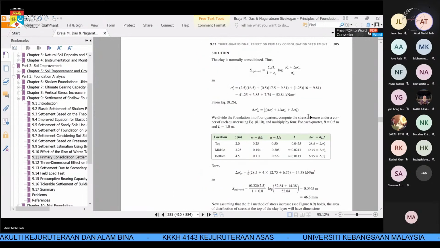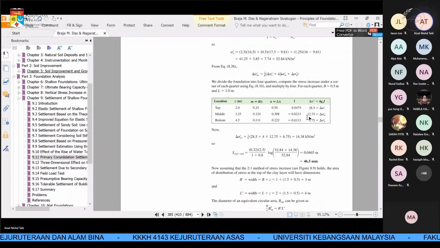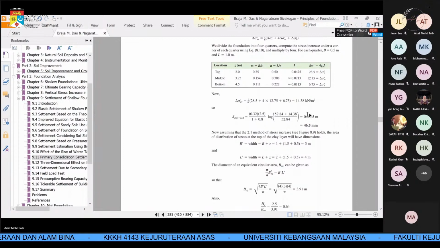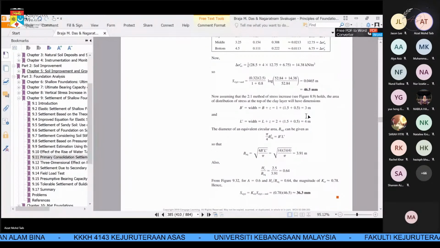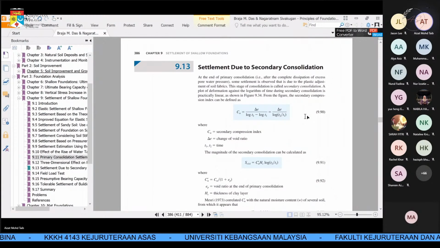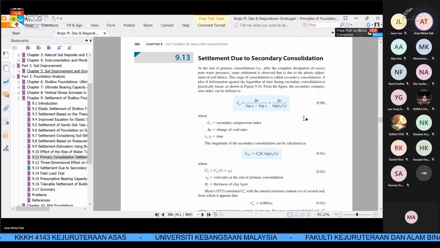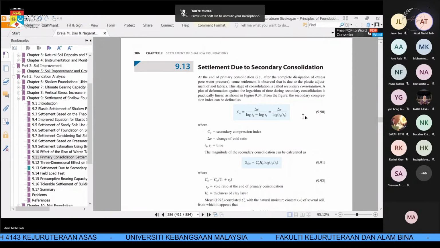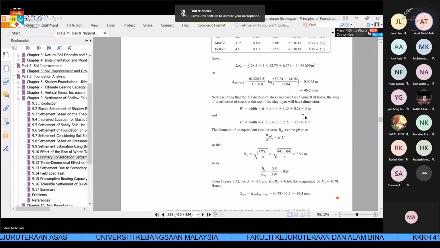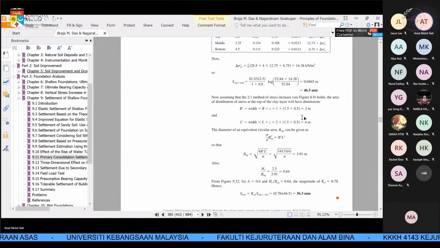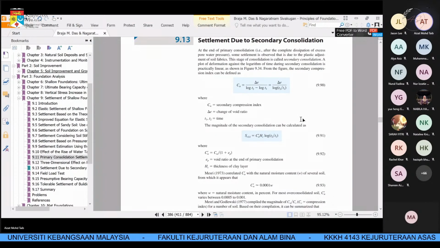Okay, tapi it can be only assignment lah. Dalam test ataupun quiz, shouldn't be ada 3D effect unless I tell you so lah. Okay, alright.